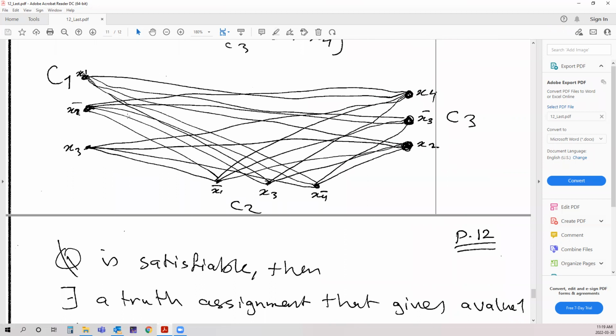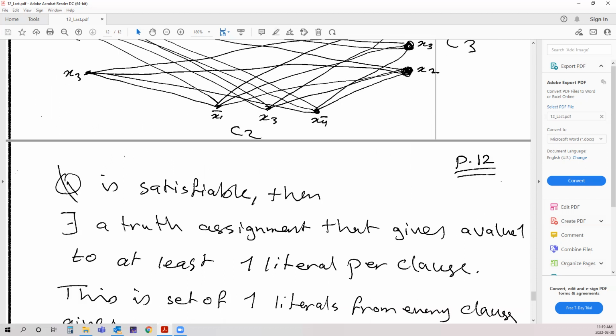So is this clear? Questions? How the clique could be formed: each literal in a clause is connected to all other literals in the graph except itself or its complement. So phi is satisfiable because we can connect each one to the other one. There exists a truth assignment that gives value 1 to at least one literal per clause.